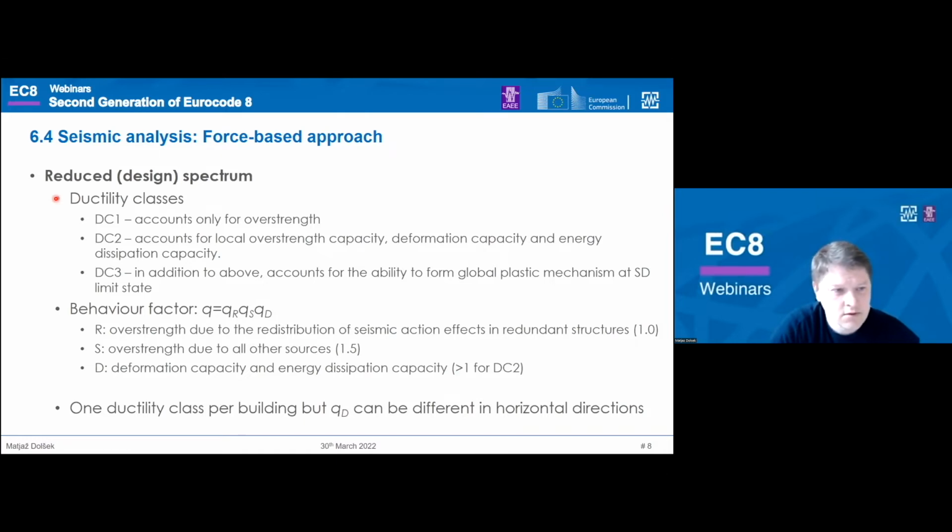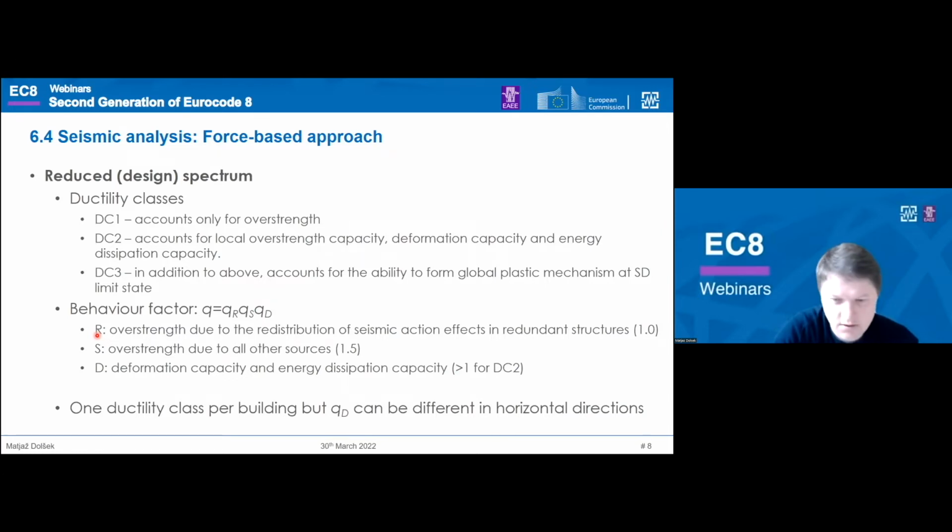And of course, in the relevant parts of the Eurocode, there are definitions of the behavior factor for these 3 ductility classes. And the novelty with the behavior factor is that it is now decomposed into 3 components. First, the overstrength factor, which is composed of QR and QS. QR accounts for the overstrength due to the distribution of the seismic action effects in a redundant structure, as explained by Professor Bisch.